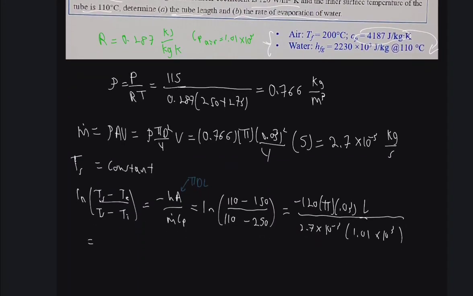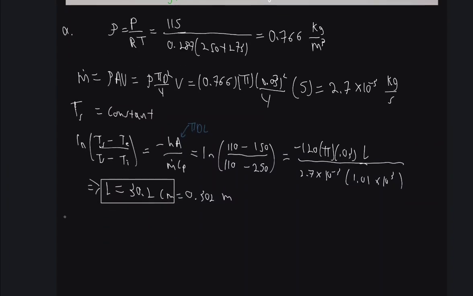So we type all of this in, and we get that L, just using algebra, is about 30.2 centimeters, 0.302 meters. So that's part A. Part B, we need the rate of evaporation.